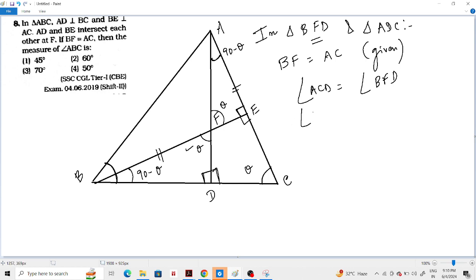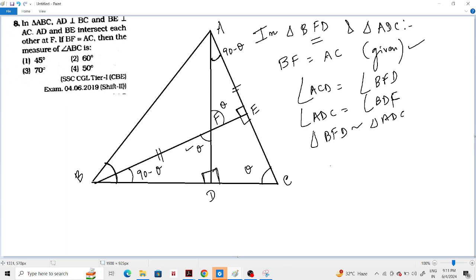Angle ADC is equal to angle BDF, both 90 degrees. So both of them are equal. That means these two triangles are similar, by the angle-angle axiom.